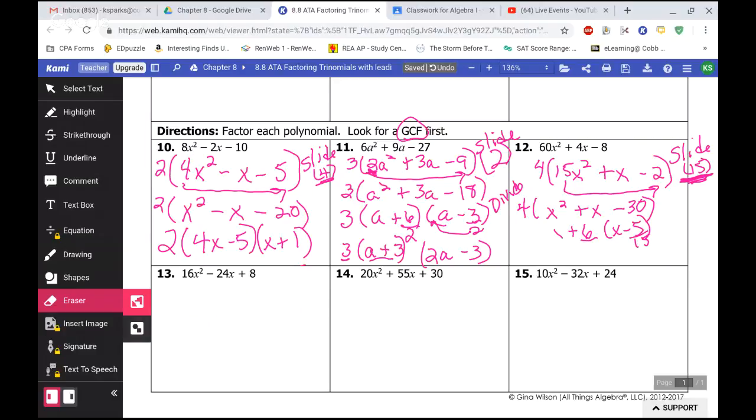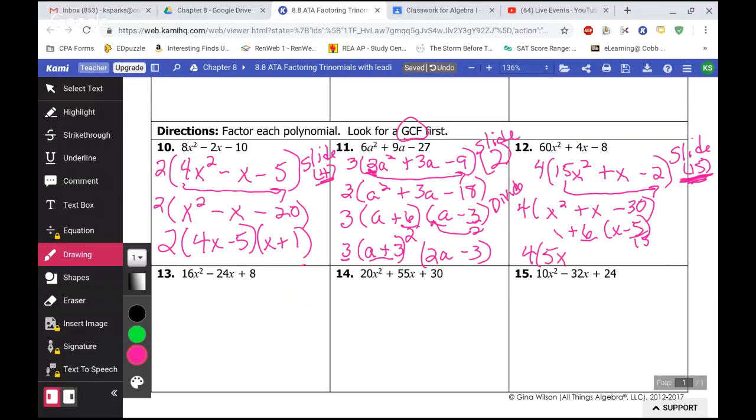I'm going to rewrite the answer to number 12 and then move on to 13. 4 times 5x plus 2 over 3x minus 1. This is the final answer for that. Okay. The greatest common factor on number 13 is going to be 8 because 8 goes into all 3 numbers.